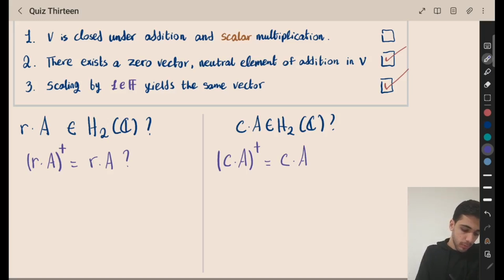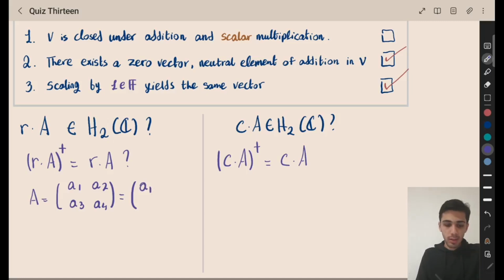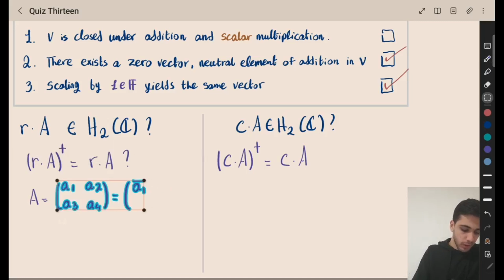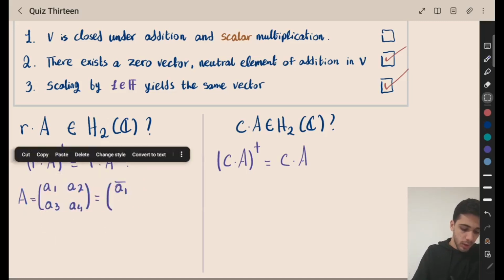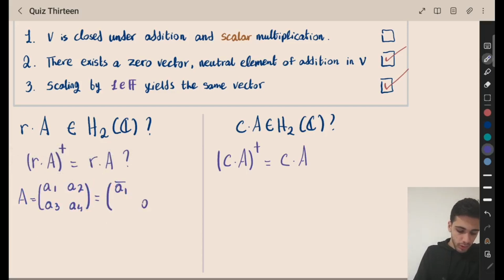So if we have the entries of A as follows, and we know that A is equal to the transpose and dagger of itself, precisely, this means that I complex conjugate all the elements like this, but also I transpose them.